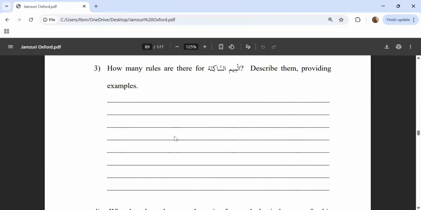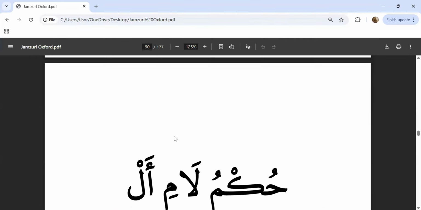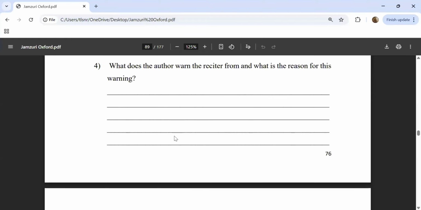So you'll want to describe them and give a simple example. So there are three rules: idhar, ikhfa, idgham. And then you should be able to provide an example for each rule, inshallah. And then the fourth question, what does the author warn the reciter from? And what's the reason for this warning? So again, that will be a question for the ijaza.